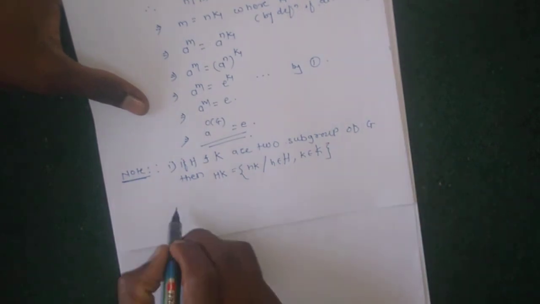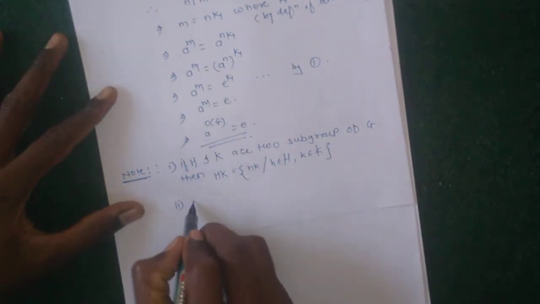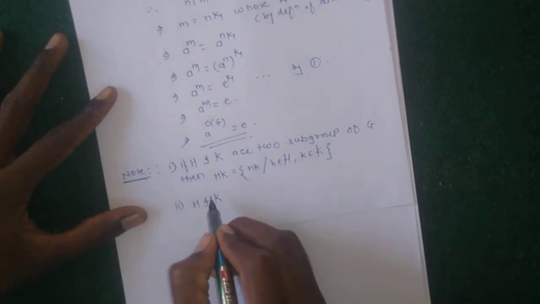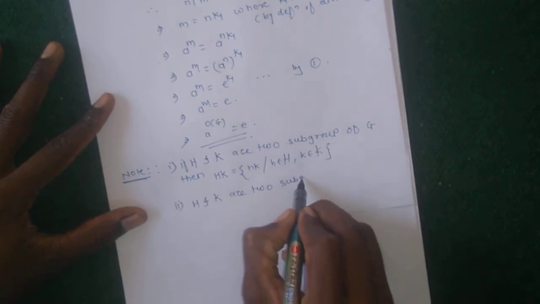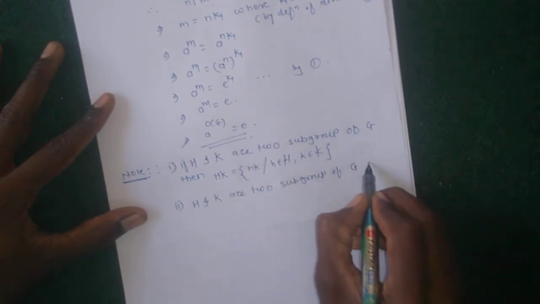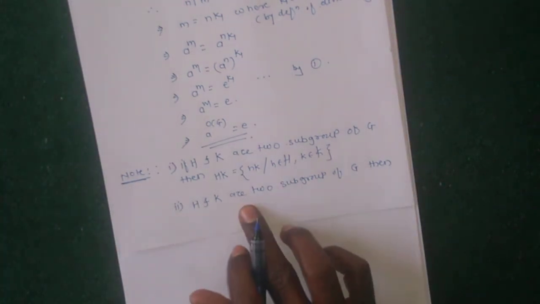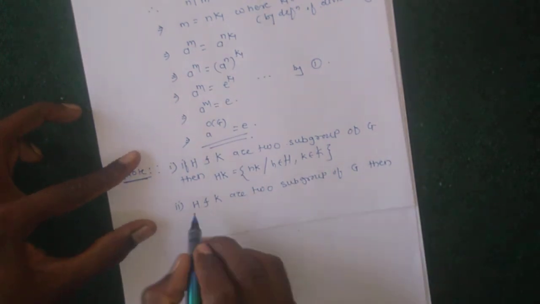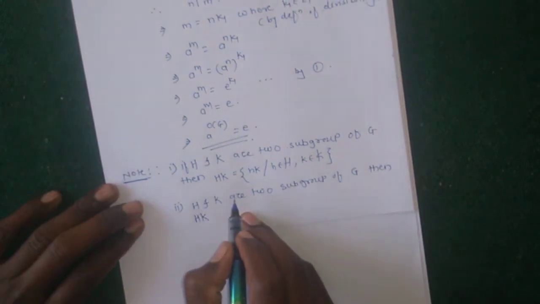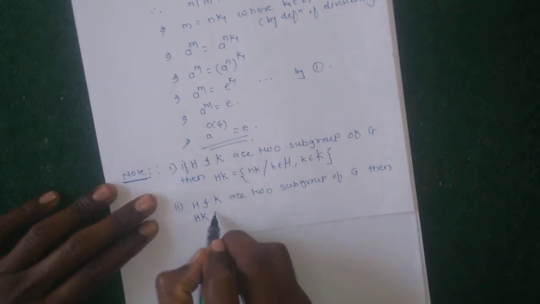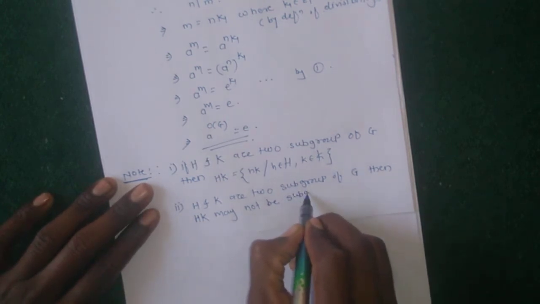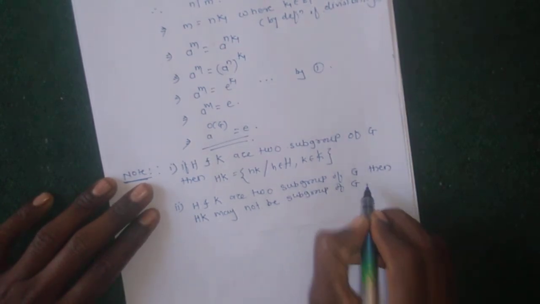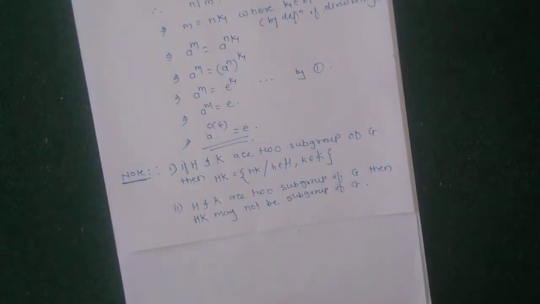Then second, if H and K are two subgroups of G, then their multiplication HK may not be a subgroup of G. This means the product of two subgroups need not be a subgroup.